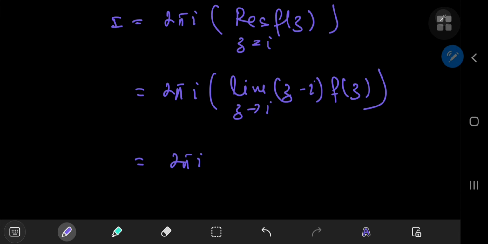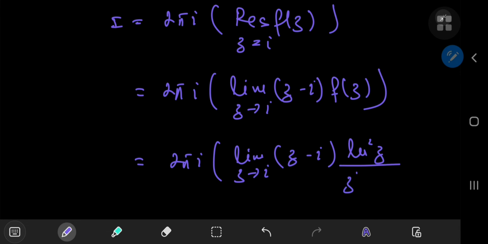Now, this is 2 pi i times the limit as z approaches i of z minus i times the square of the natural log of z, divided by z squared plus 1, which can be factorized in the complex world to z plus i times z minus i, correct?